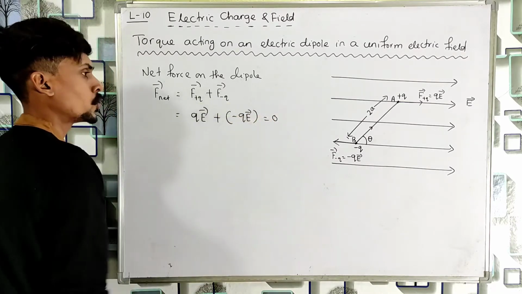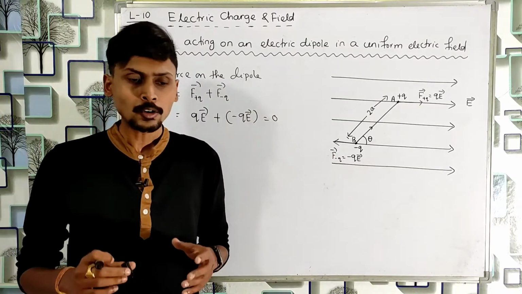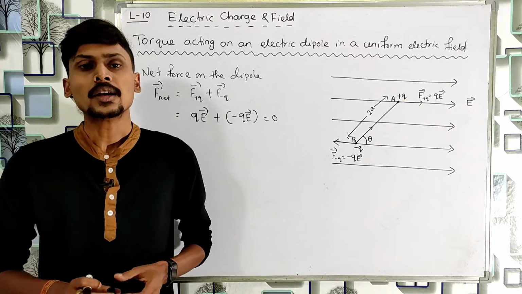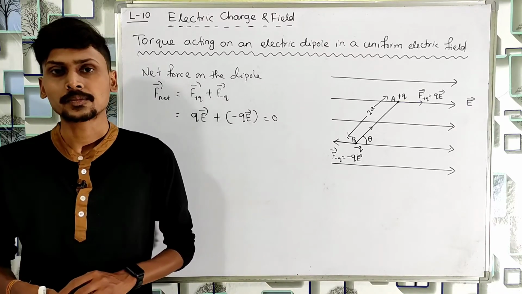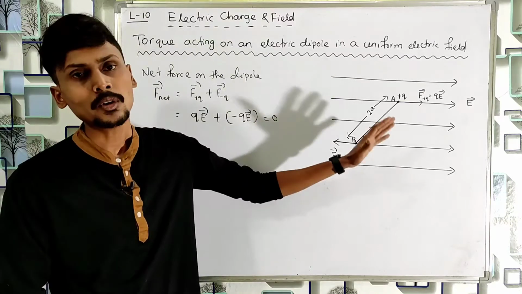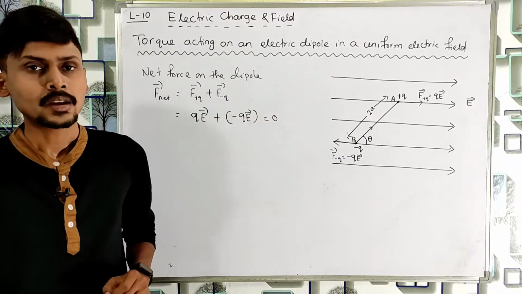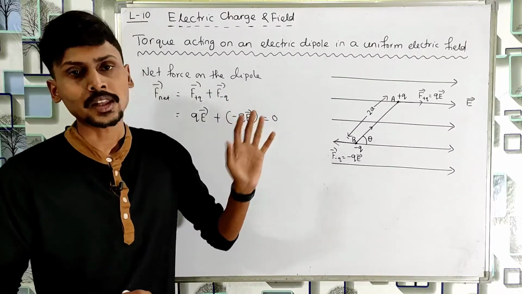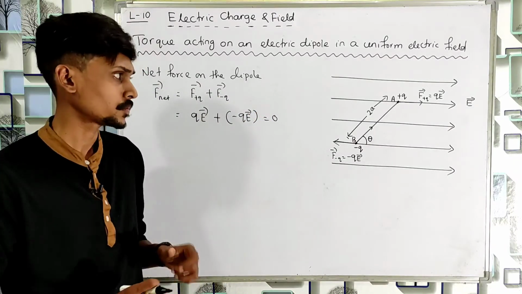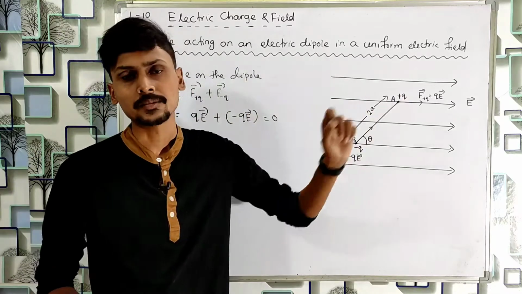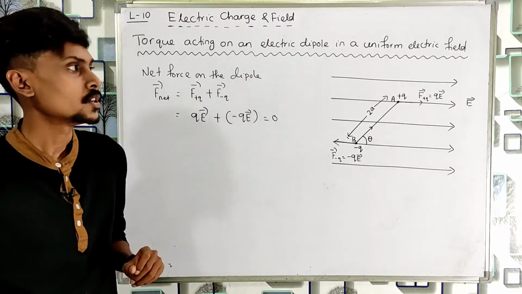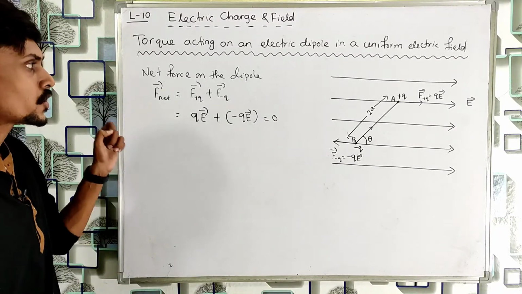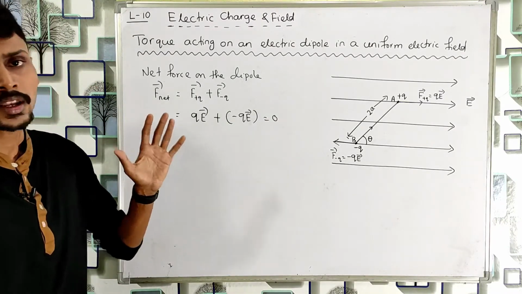So the net force will be 0. And we know that when the net force on a body is 0, it has no linear acceleration. It means this dipole will not be accelerated. This dipole has no linear acceleration inside this electric field, meaning it cannot translate. Or you can say that the net translational force on the dipole is 0.